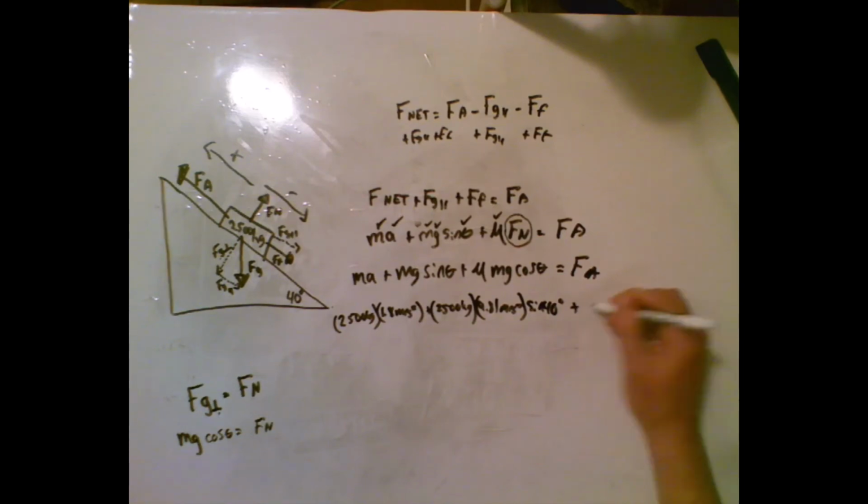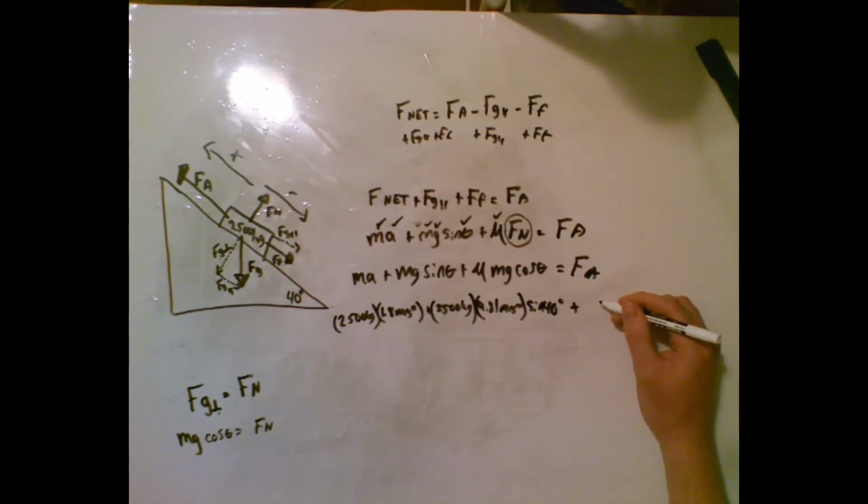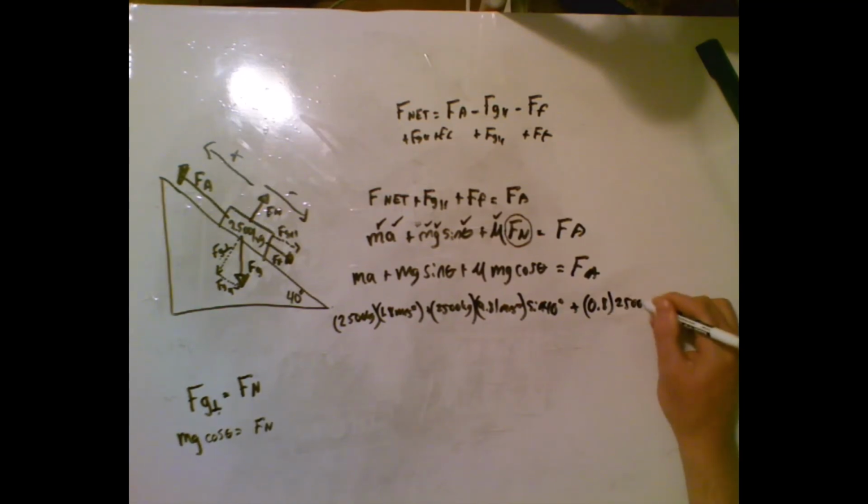Then we add our coefficient of friction, which is 0.8, and then 2,500 kilograms, and then our g, which is 9.81. And our last one is cos of 40 degrees. I don't know if I'm off the screen at that point, but yeah.